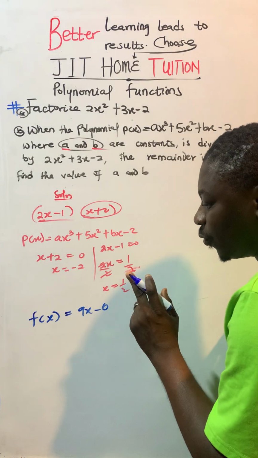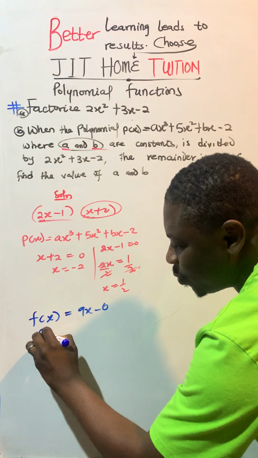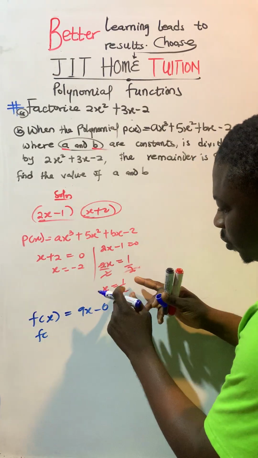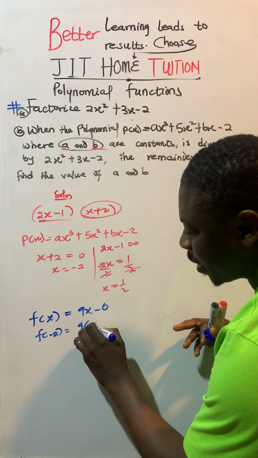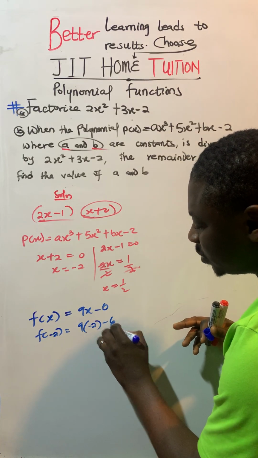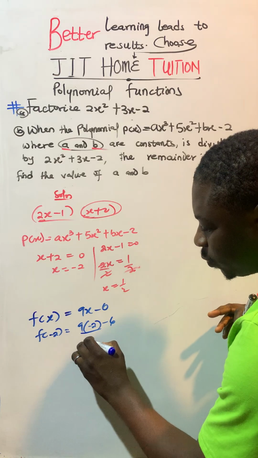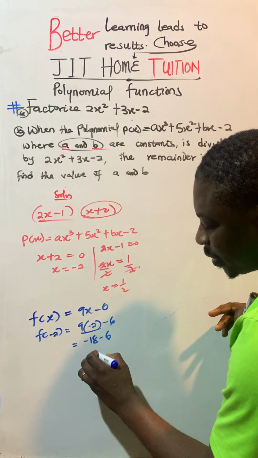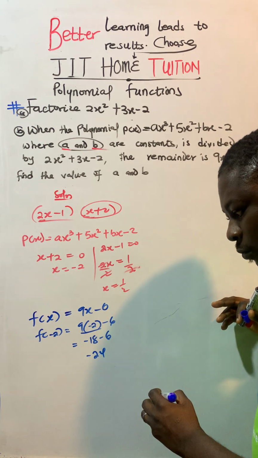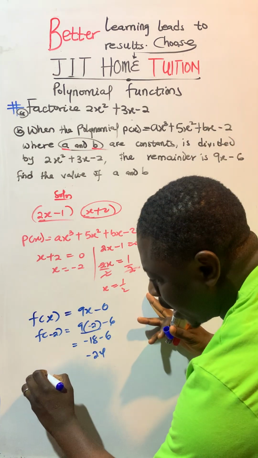So first of all, when x is -2, let's put it in here. You have 9 multiplying -2, then minus 6. This one will give you -18 minus 6. And what do you have? That is -24.